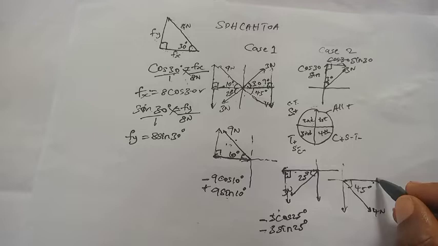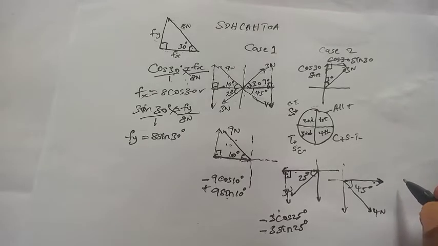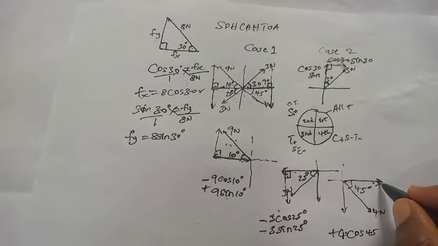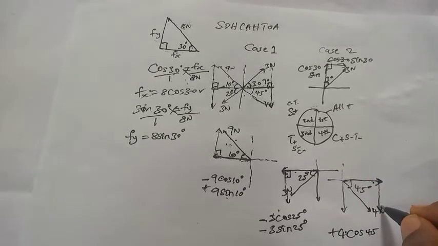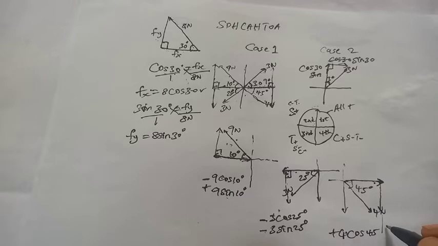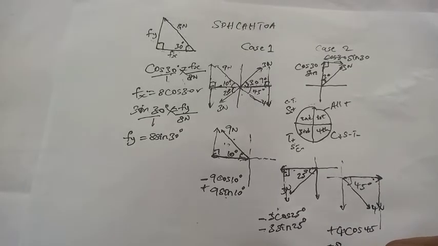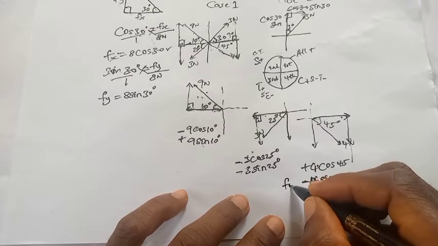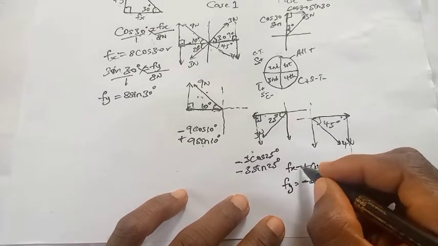This horizontal component is going towards the positive x-axis, so we'll have positive 4 cosine 45 as our horizontal component. The vertical component of this force went down and took the negative sign because it's going towards the negative y-axis. So we have negative 4 sine 45 as the F of y, and this one will be F of x.